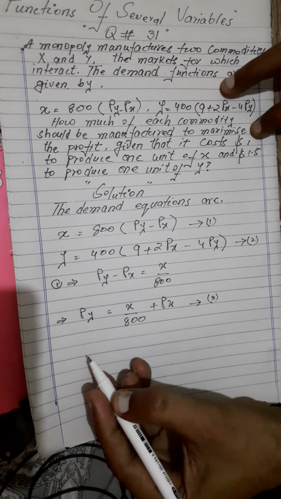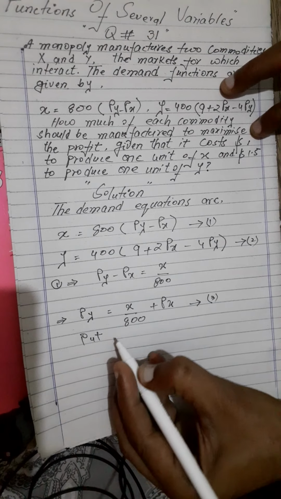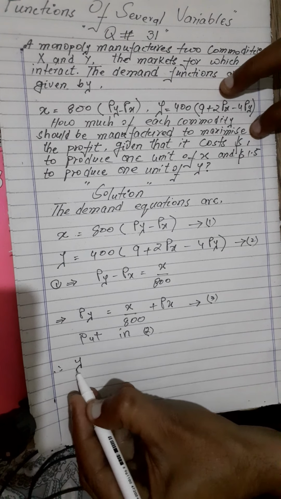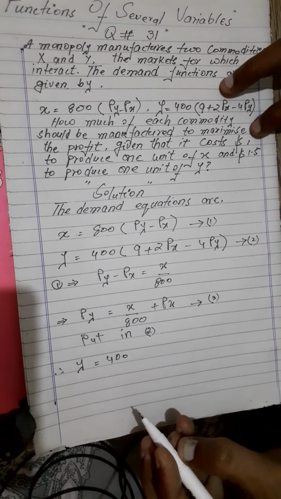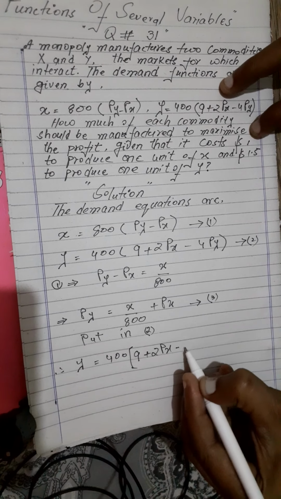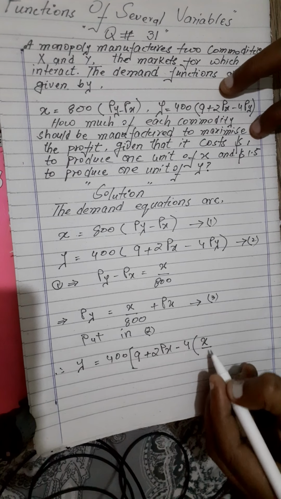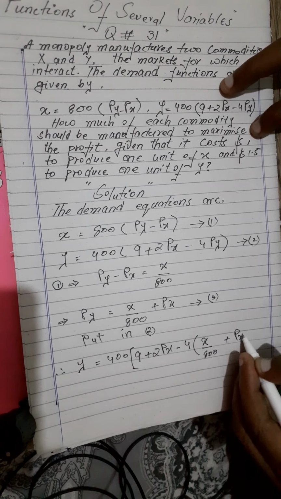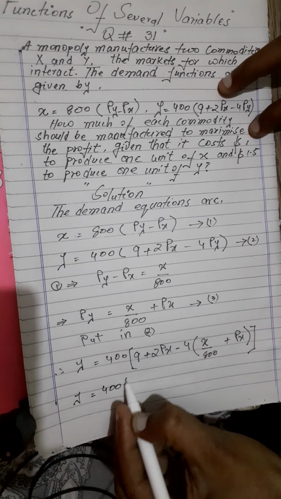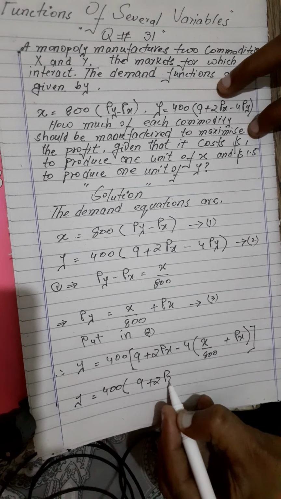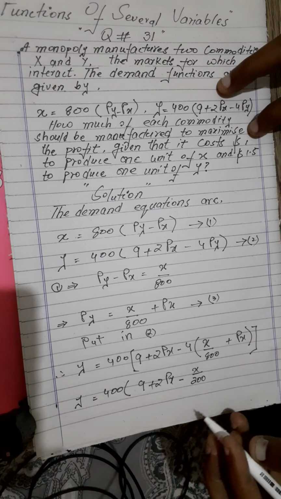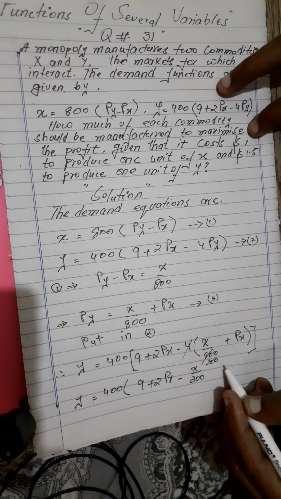Put the third equation in equation 2. Therefore, 2 implies y equals 400 times (9 plus 2Px minus 4Py), and Py is x over 800 plus Px. This implies that y equals 400 times (9 plus 2Px, opening the bracket, minus x over 200 minus 4Px).